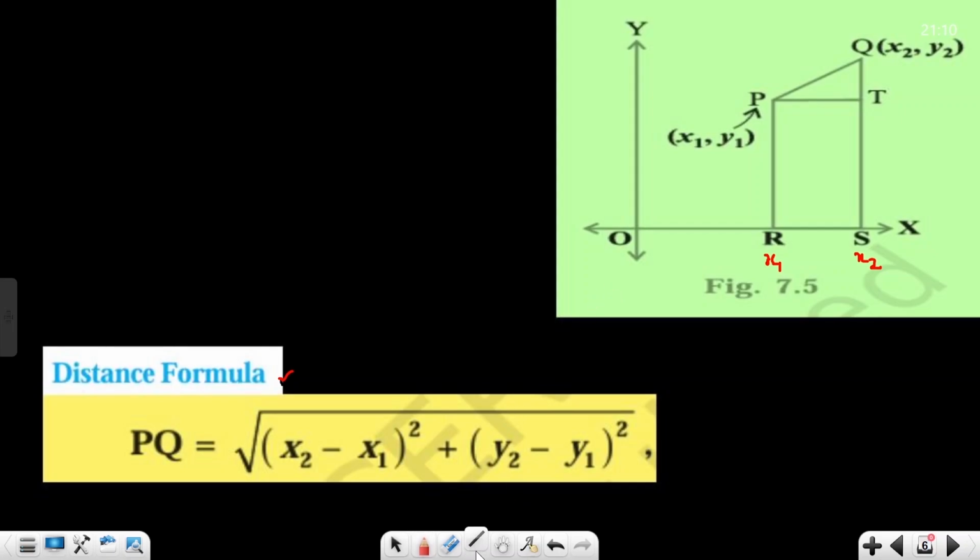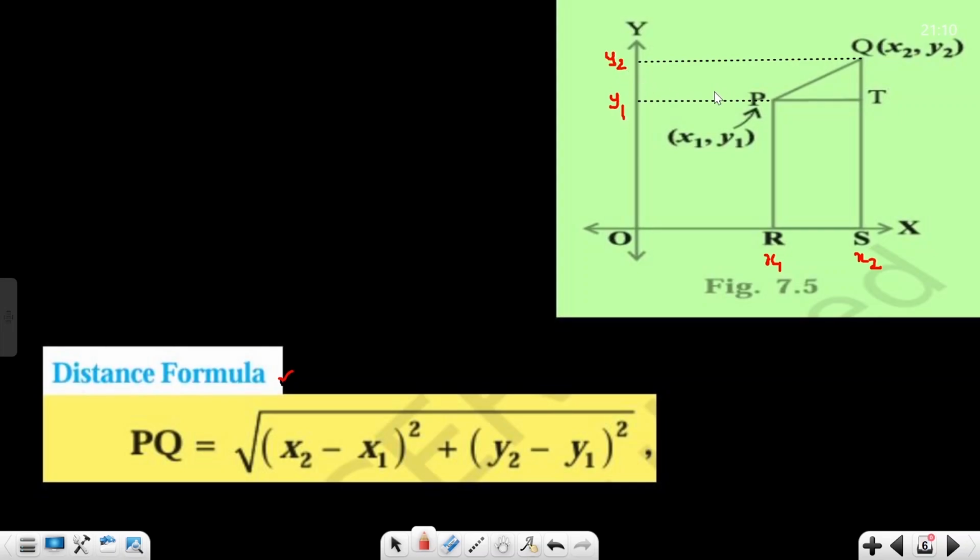Similarly, when we connect a dot over here, look at here, and a second dot here. Now this point is y1 and here the point is y2.